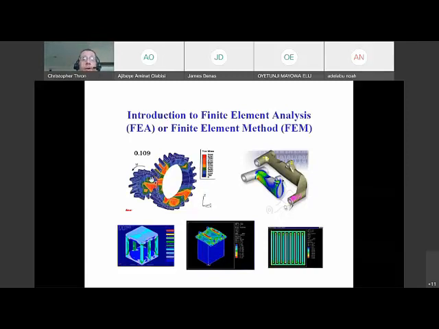For instance, in the picture on the upper left, you can see these gears which are turning, and you can also see the colors. The colors have a code: 9,000 is the maximum, 0 is the minimum. Blue is for low values, red is for high values. This is called a heat map. I am not sure what the colors represent, perhaps stress or temperature.